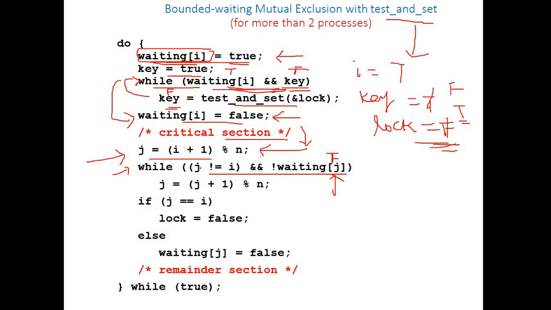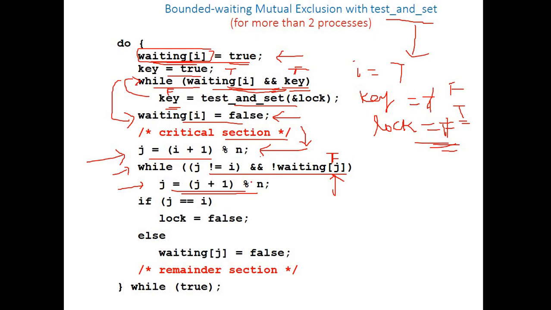So in that case, if j is not i, that means if the turn is not for i and j doesn't want to enter into the critical section, then the next j value is decided. So if j is 2 but j doesn't want to enter into the critical section, then j becomes 3. And if j equal to 3 is also not willing to enter into the critical section, then j will become 4.